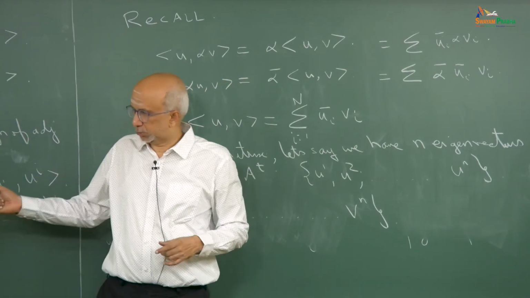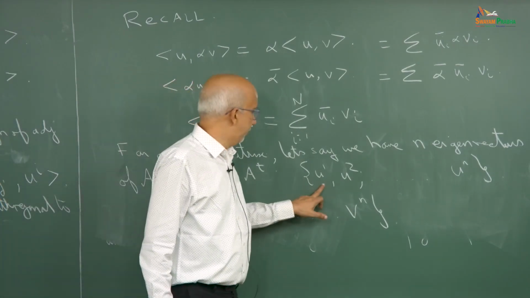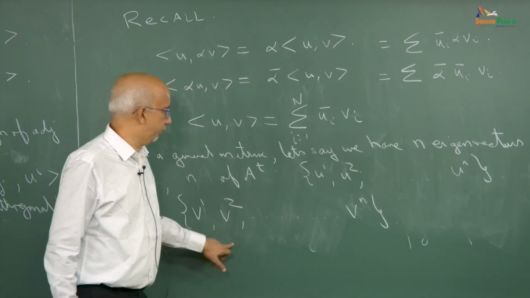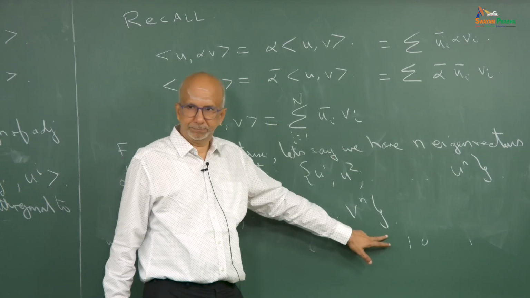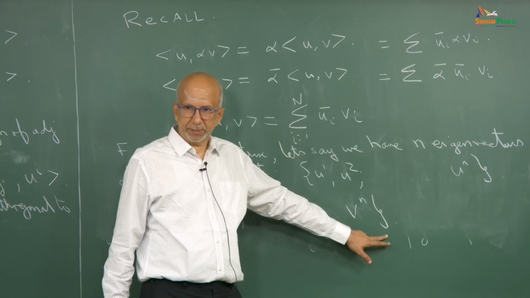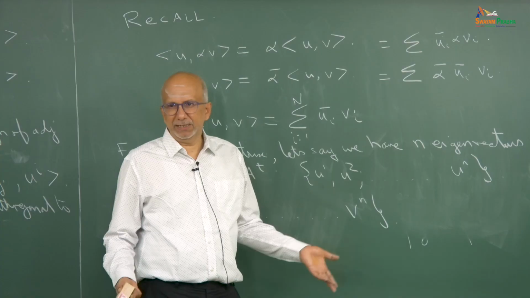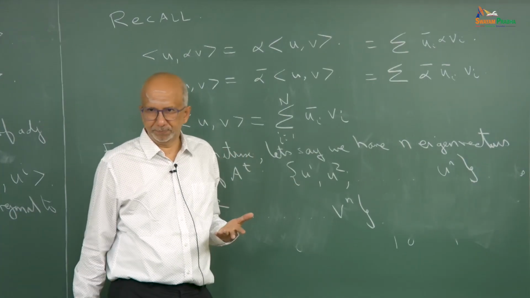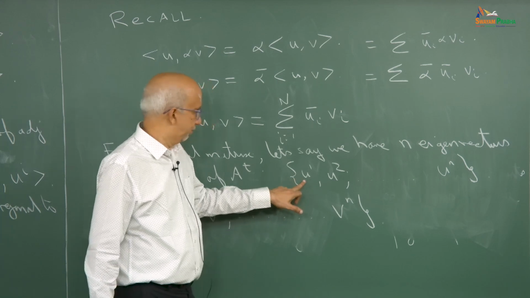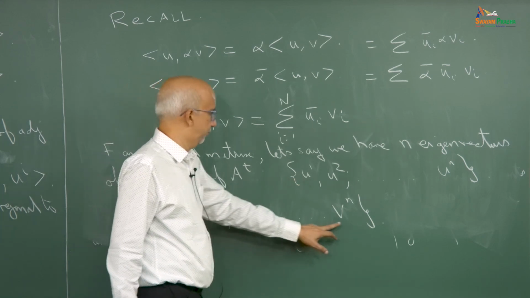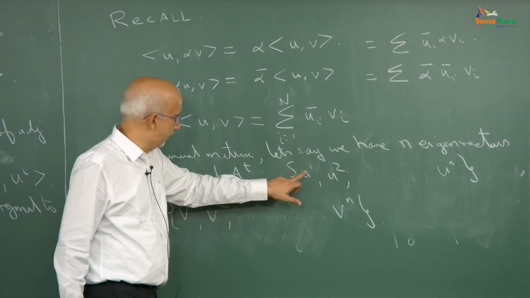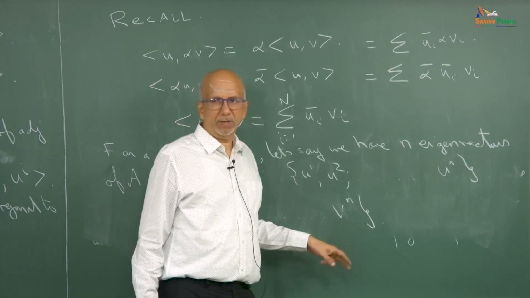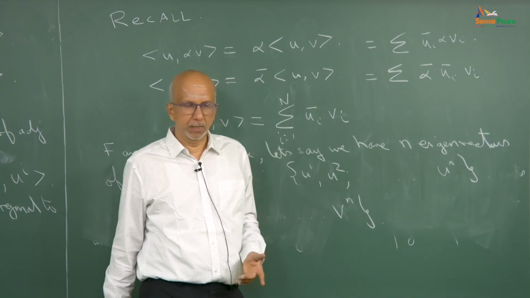What I have just shown here is that U1 will be perpendicular to the complex conjugate of V2 through Vn. If these are real, then there is no issue, you do not have to worry about the complex conjugate, but it could be complex. So U1 with V2 bar, U1 with V3 bar, U1 with Vn bar is perpendicular.